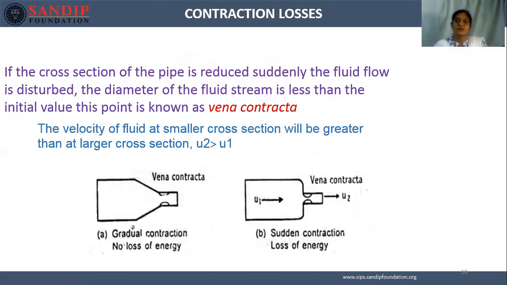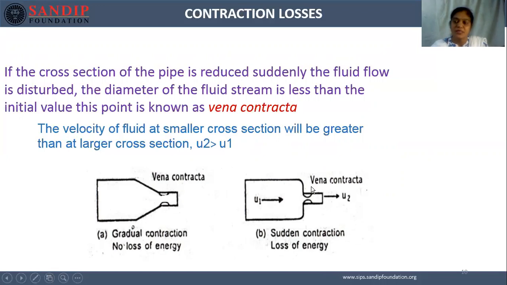Now the contraction losses. In this diagram we'll see the gradual contraction and the sudden contraction. If the cross section of the pipe is reduced suddenly, the fluid flow is disturbed and the diameter of the fluid stream is less than the initial value, and this is nothing but the vena contracta.